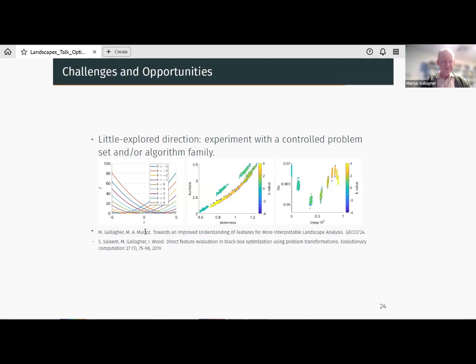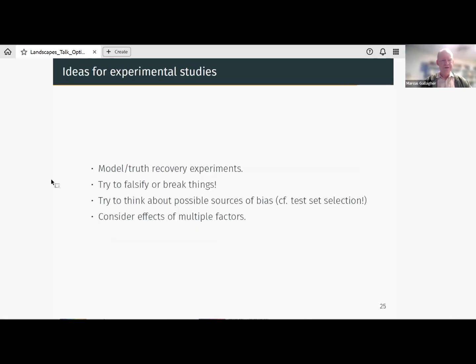Just transforming the simple quadratic function by shifting it left and right, the resulting effect on feature values is very different depending on the features that you use. And these are just two examples on the other two plots here. But I think there's plenty of work that could be done in this direction.